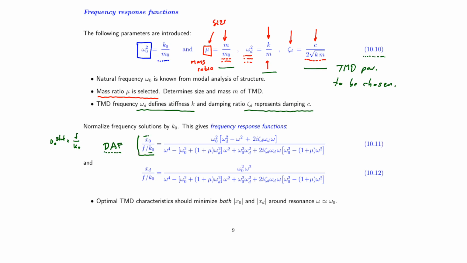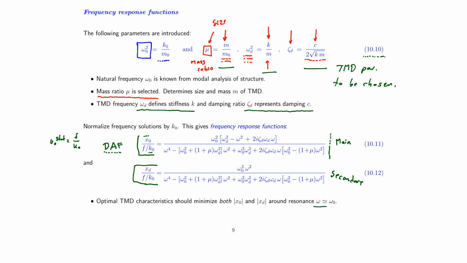And it turns out that the parameters in 1010 enter this normalized frequency response function as its natural governing parameters. And the same procedure we can use to find a frequency response function for the relative TMD deflection. So again, our main objective is to minimize the amplitude x0, but it would be nice to also have a minimization of xd.